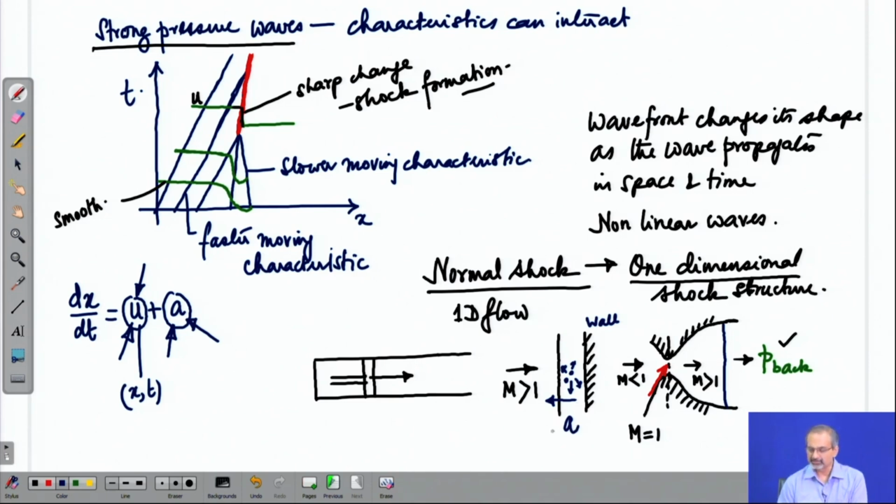It propagates at the speed of sound, the sonic speed. At what velocity is the flow approaching the wall? It is moving at more than sonic velocity, because you have M greater than 1, and by definition M is V by a.